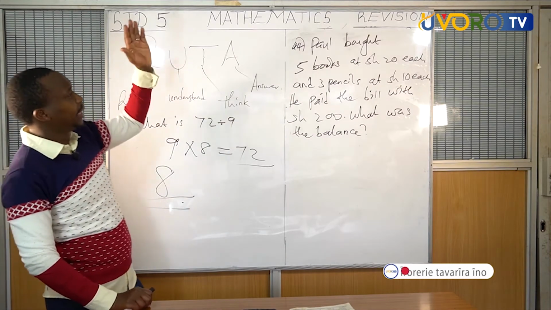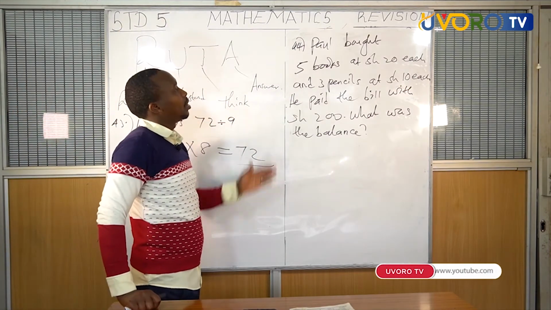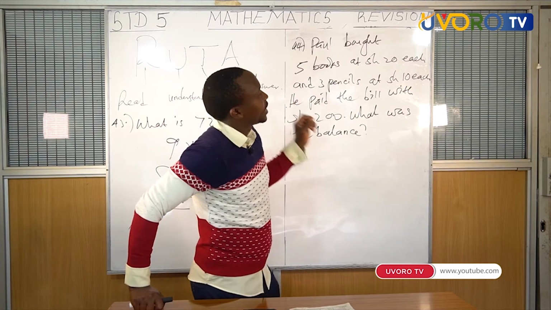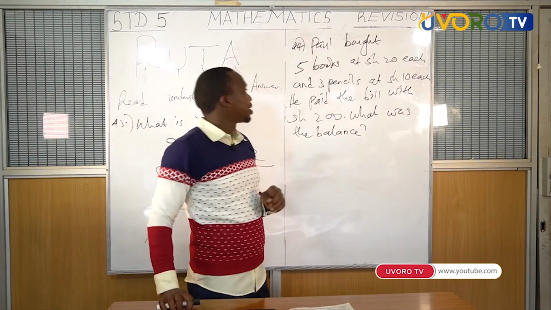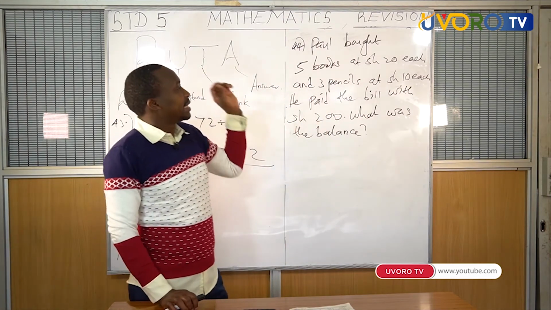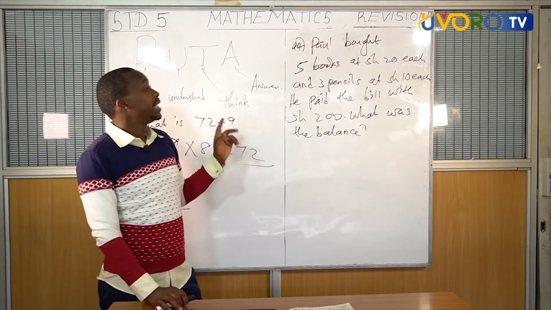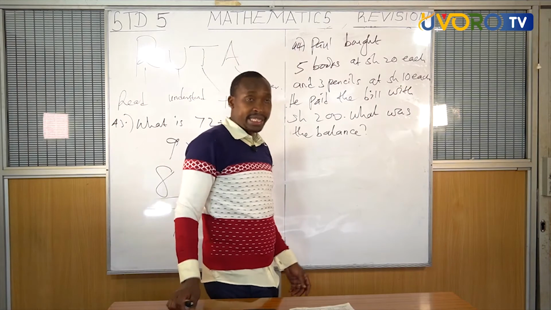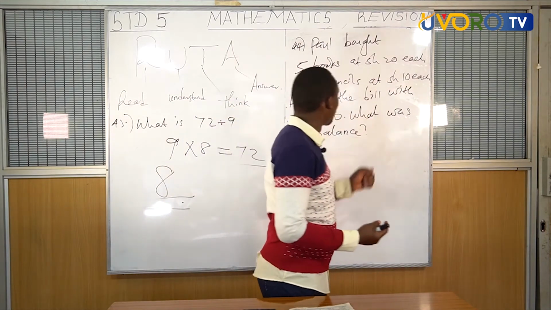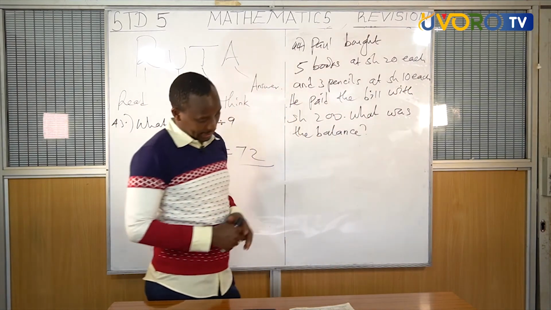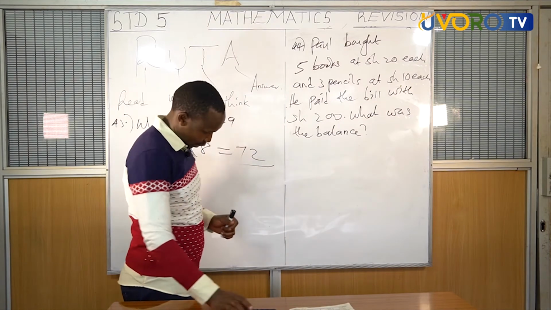Let's all of us read. Paul bought 5 books at shillings 20 each, and 3 pencils at shillings 10 each. He paid the bill with shillings 200. What was the balance, or what was the change?